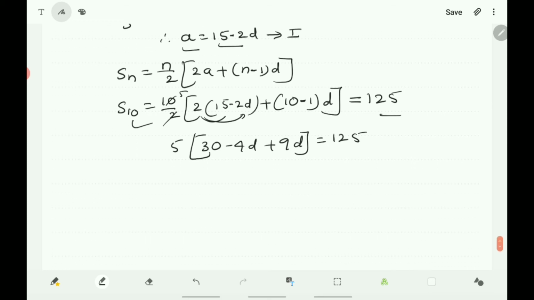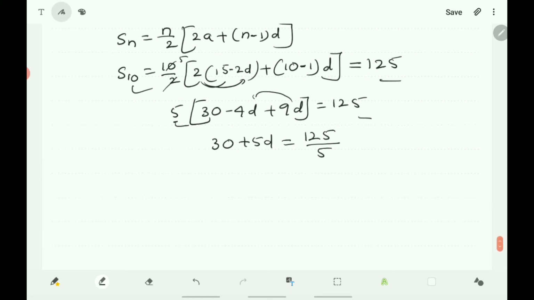Then you transfer this 5 to the RHS, so 125 by 5, and here this becomes 30. 9d minus 4d is plus 5d.